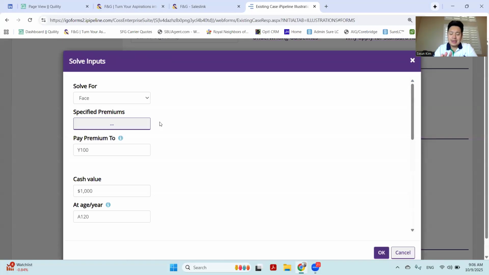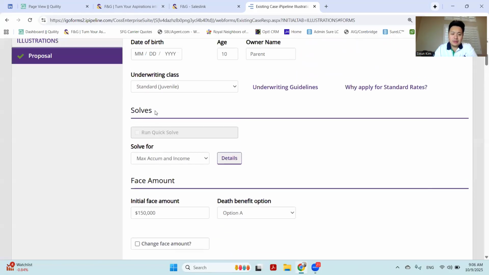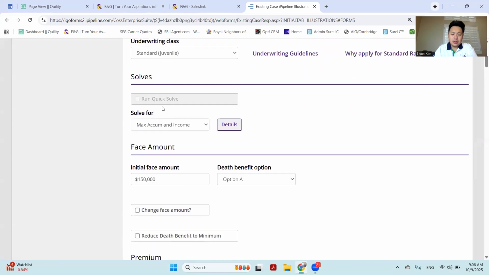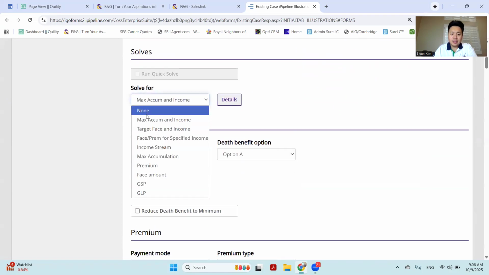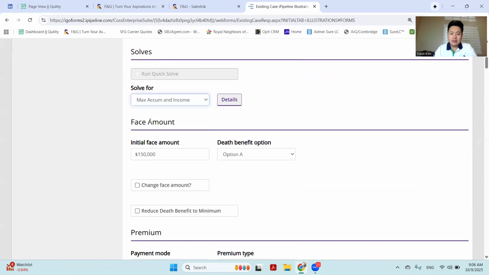Okay, so I'm going to show you the easiest way to do the illustration first. You don't have to do too much. What is one of the easiest ways to do this and what will it look like? So going back again, as soon as you get in here, you're going to change the solve for from none to maximum accumulation and income.